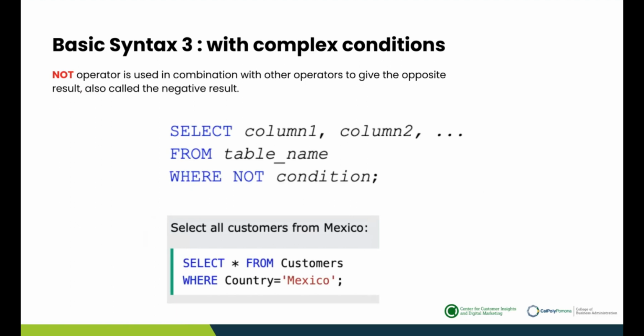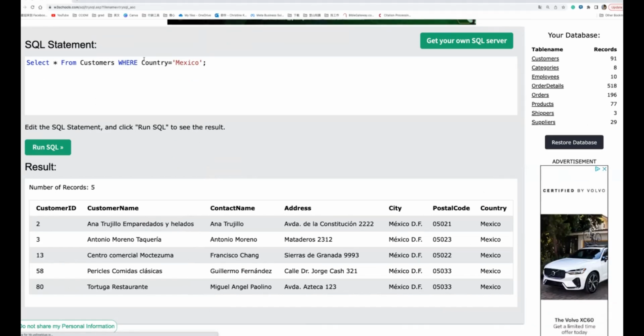And then there's another operator called NOT, which is used to give you the opposite result. So let's try on the previous sample. Okay. So let's say I don't want the table to contain the people who are from Mexico. So what can I do? I just put NOT here.